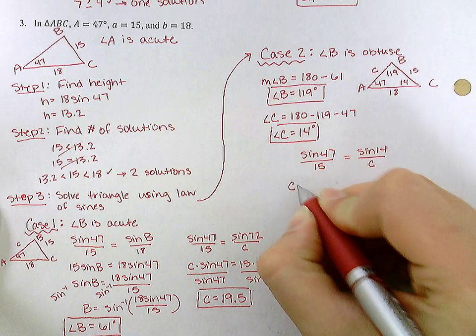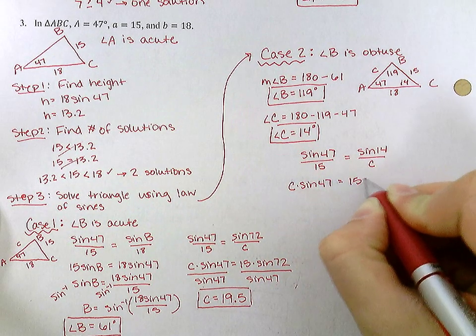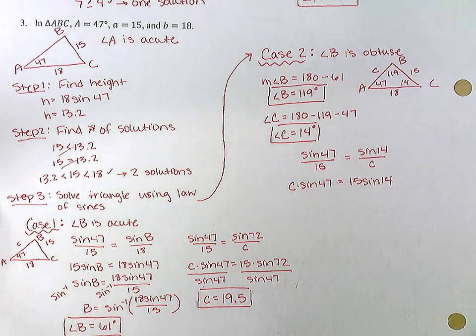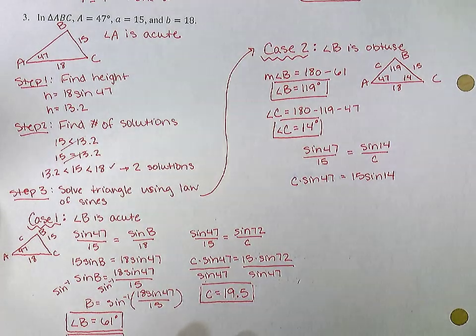Okay, cross multiply and divide by sine of 47.